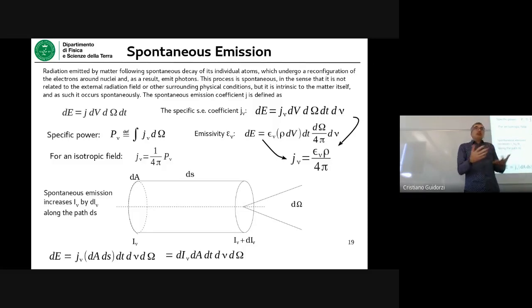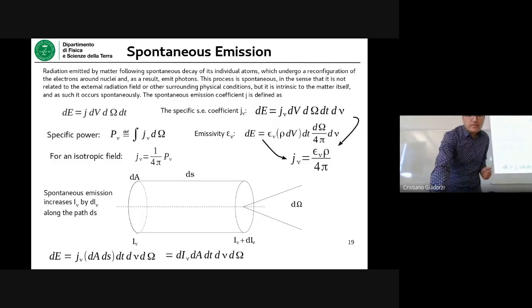The brightness has changed in such a way that now I have more energy crossing the final surface. And if you think of the definition of intensity or brightness, this is energy per unit surface, per unit time, frequency, solid angle. So I have to multiply the brightness increment times surface, time interval, frequency interval, solid angle interval, which are the same.